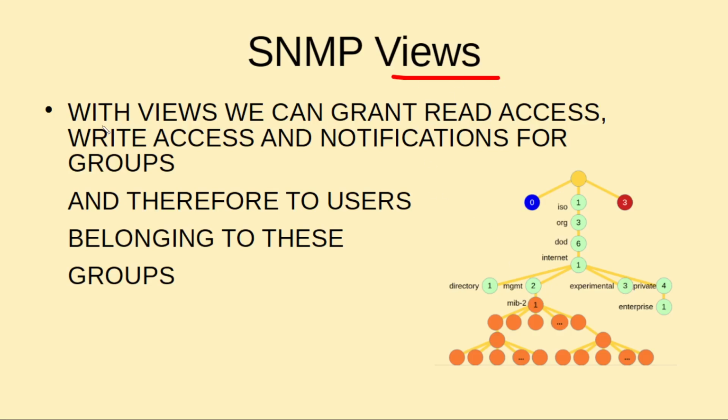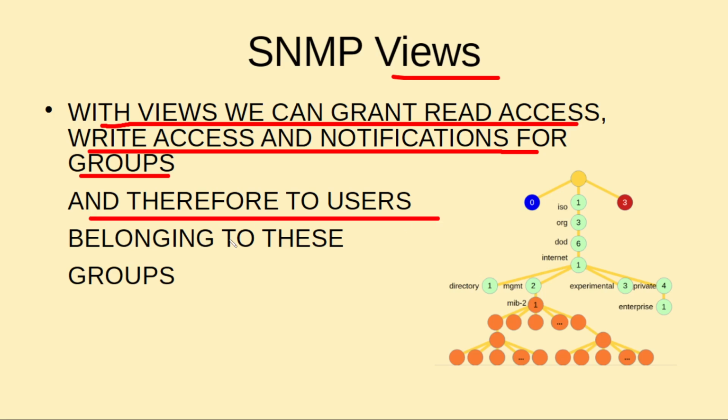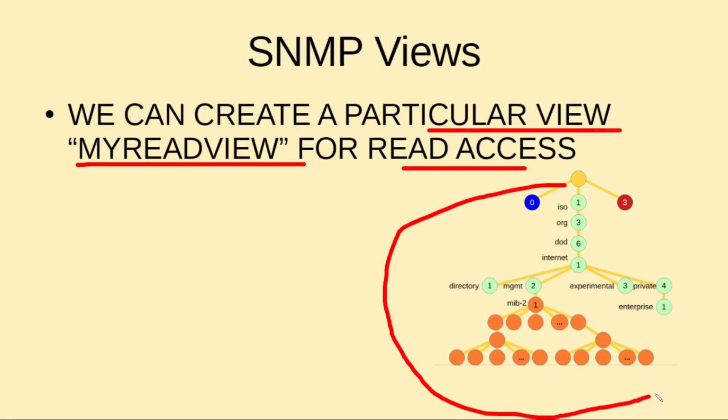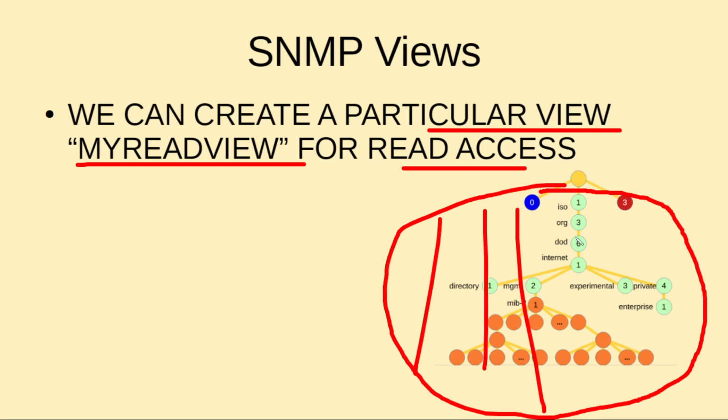Remember that with views we can grant read access, write access, and notifications for groups, and therefore to users belonging to these groups. As an example, let's say that we want to create a particular view that we are going to call my read view for read access. In this case, it makes perfect sense to provide access to most of the tree with this particular view.